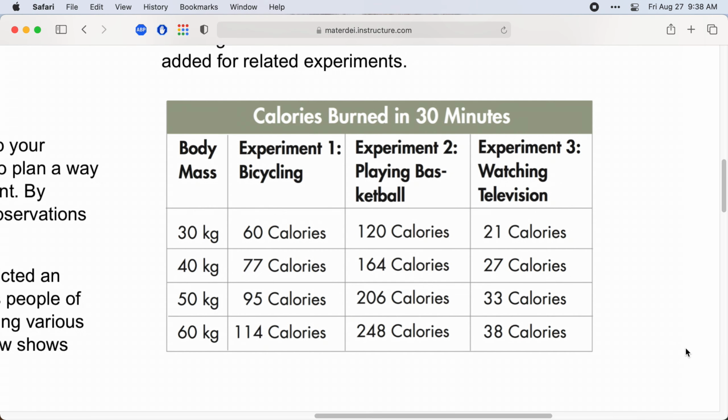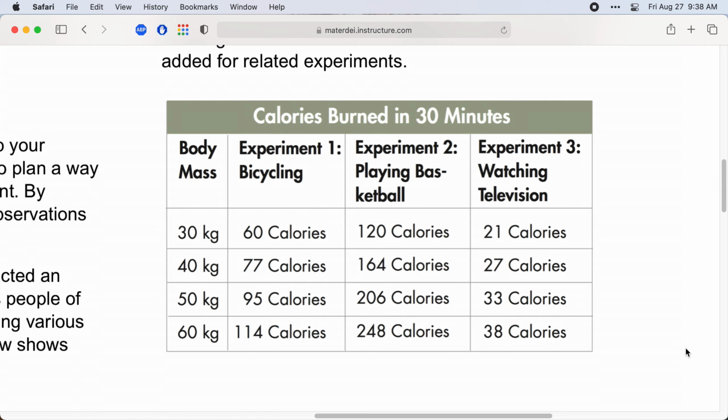I just want to tell you that data tables also need attention to detail. I'll tell you some good things about this and some things that are completely off track. What I like is that it's neat, it's typed, it has a really good title. Every data table needs a title.